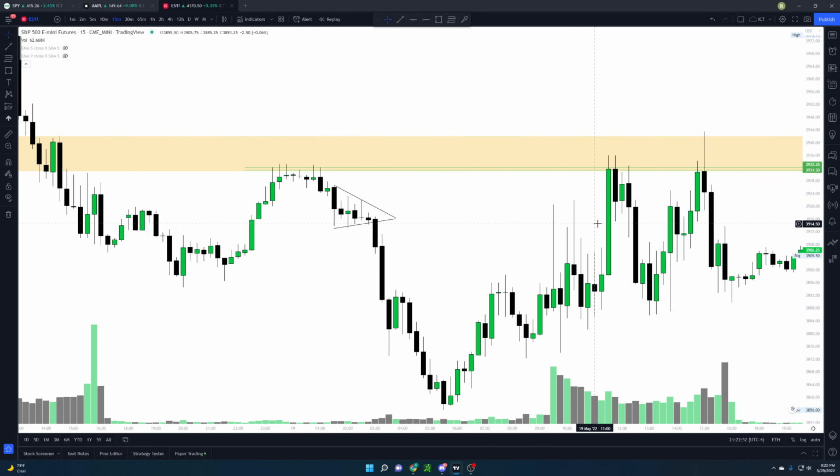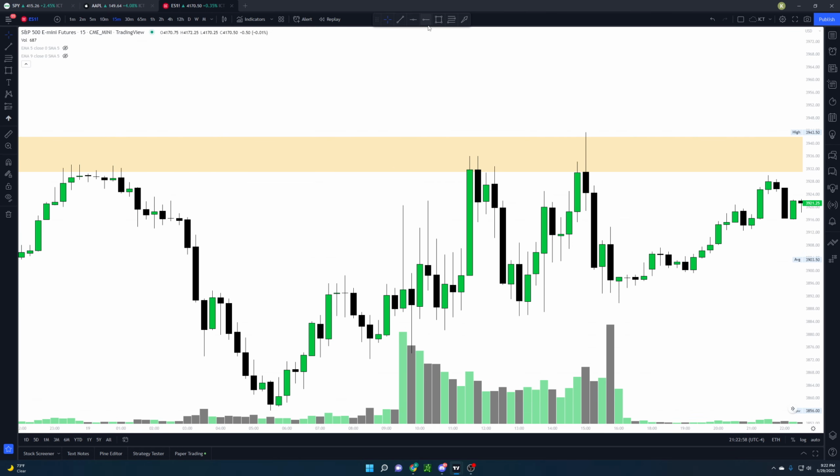All right, similar story right here. Same thing goes for this area, right? Your first entry on the touch. That's your 1/3 entry, right? Now the reason I'm only going to enter 1/3 here is because this has room to go all the way up top, right?